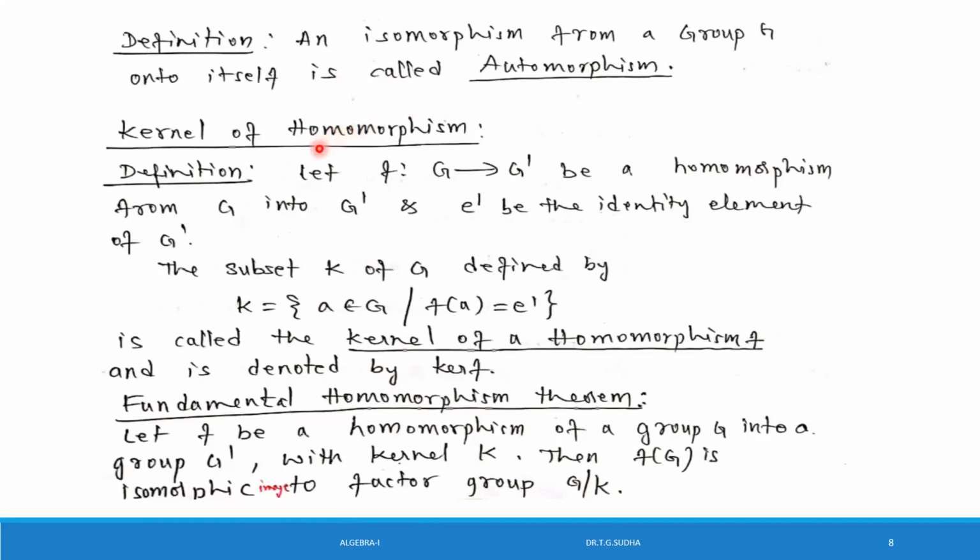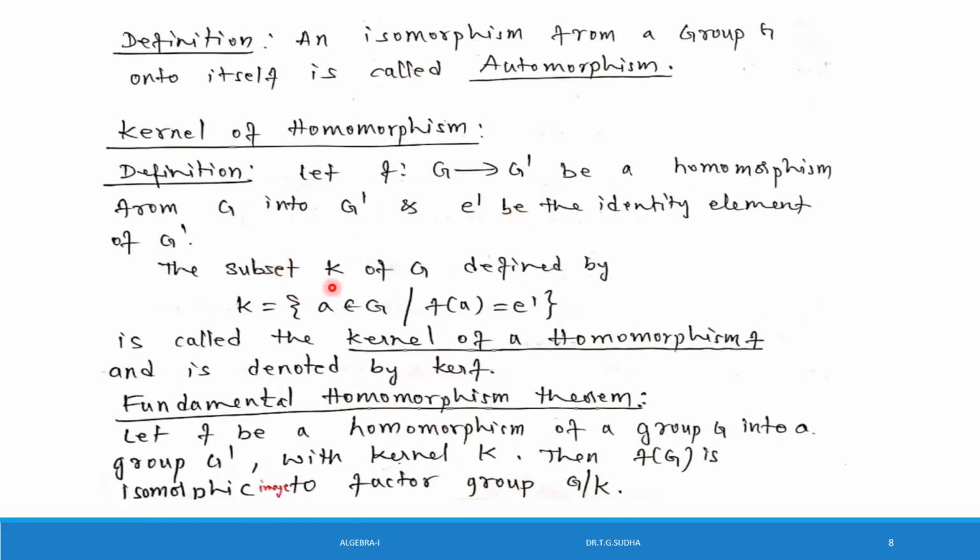Next, let us move on to the kernel of a homomorphism. Let f from G to G' be a homomorphism. So we are considering a homomorphism f from group G into G', and let e' be the identity element of G'.